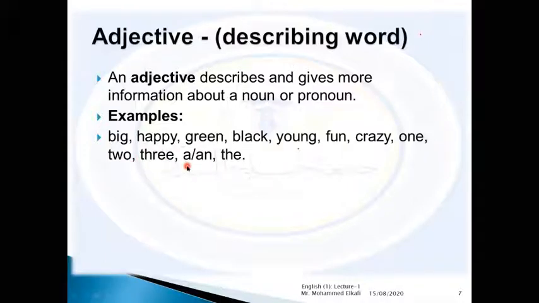Also the articles, the definite and indefinite. The indefinite articles a or an, and the definite article the. We think of them as what? As a type of adjective. They are used with nouns.